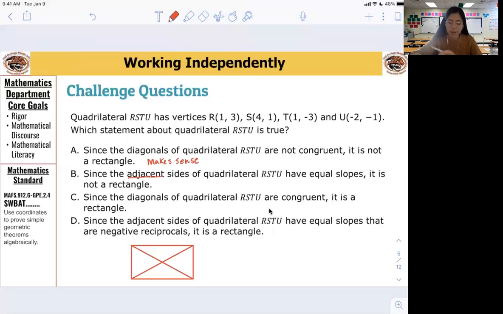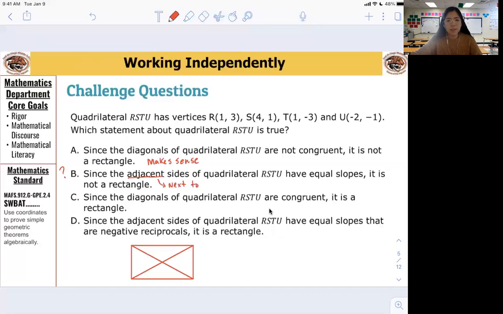Yes, next to. If the adjacent sides had equal slopes, what would that make them? Parallel. So would you even have a quadrilateral in that case? No, you would kind of just have one long line. So that might not really make sense. This one's kind of a question mark.